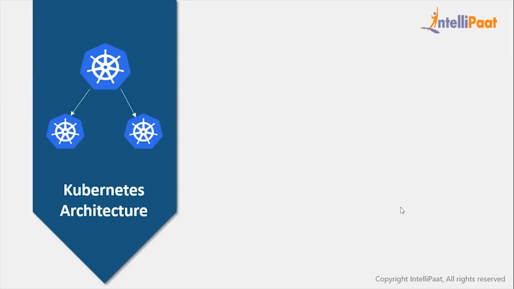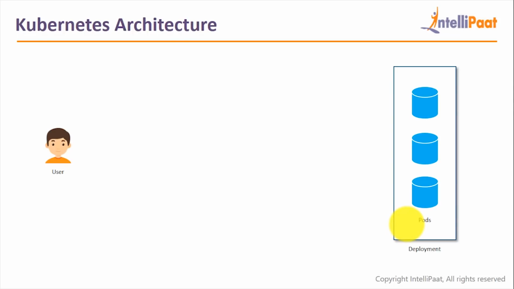Alright guys, so the first thing in Kubernetes that you will deploy is a pod, right? A pod is nothing but a container. But the difference is a pod can have multiple containers as well, right? And that is the case when, say, your application is deployed in a container, but it also needs a separate container to run along with it, right?